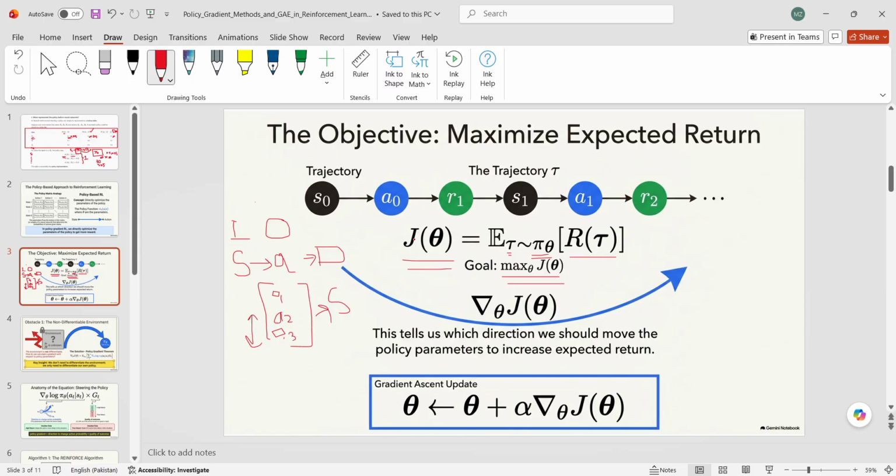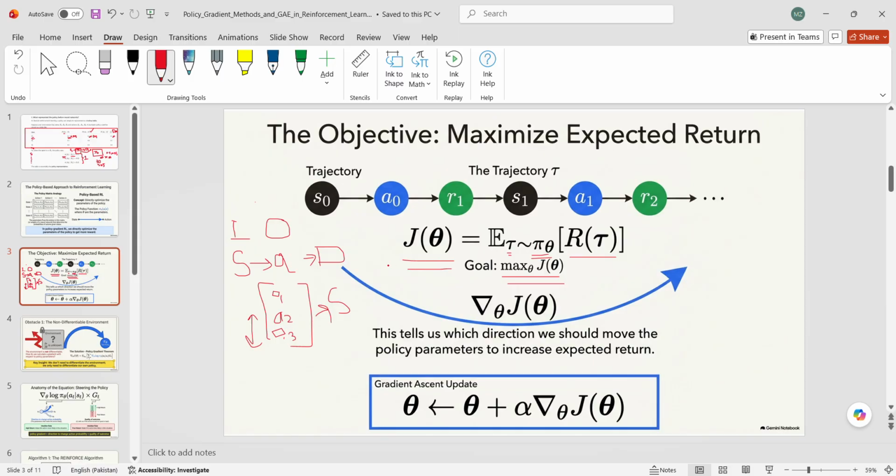So again, J of theta means the expected return we get from this trajectory tau, where this trajectory follows the policy pi of theta, and theta represents the weights of the neural network.